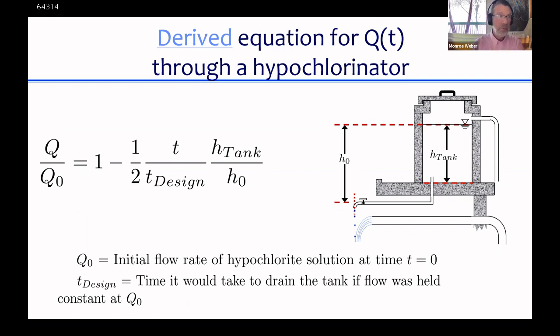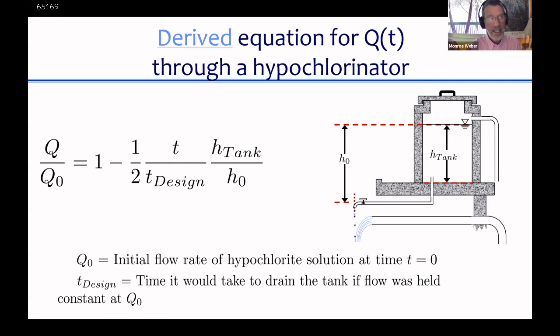So this is the beautiful equation that we get, that the flow rate at any time divided by Q0, the initial flow rate, is equal to 1. And if we stopped right there, we'd be really happy, right? If Q over Q0 would equal 1, that would mean that the flow at any time is equal to Q0.